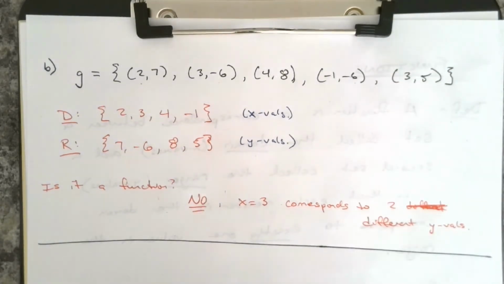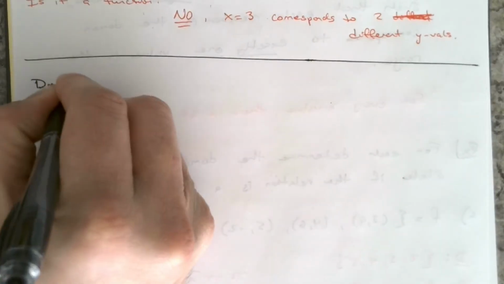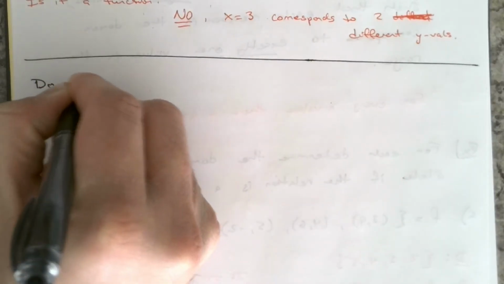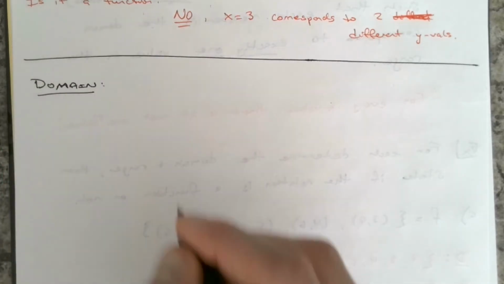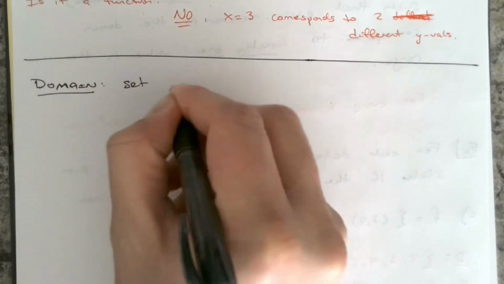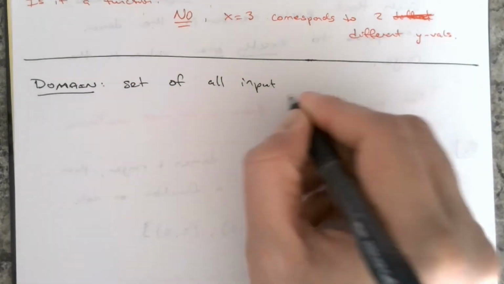So, just as a quick refresher here, if I talk about domain, this is the set of all, I'll call it input values.